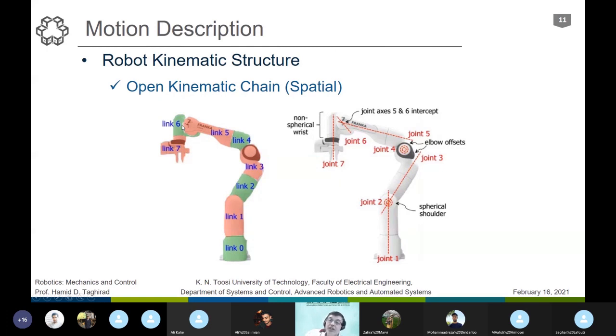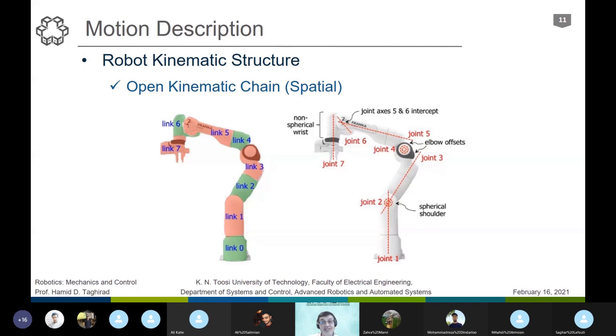Of course, we can integrate both of them together and have a hybrid structure. Some part of it could be serial and some part of it could be parallel, and we can use that here. To understand and analyze all the details of these robot structures, we need at least 2 courses.